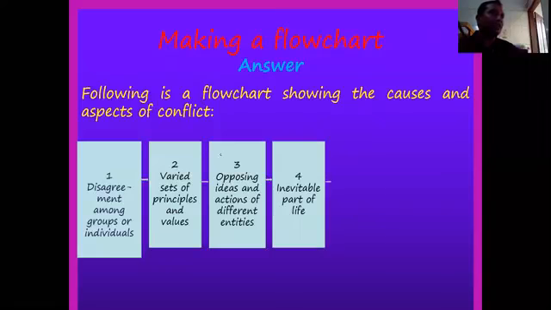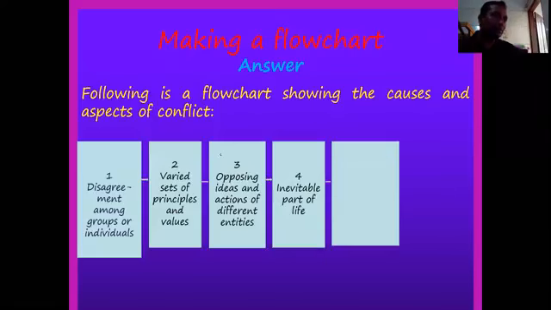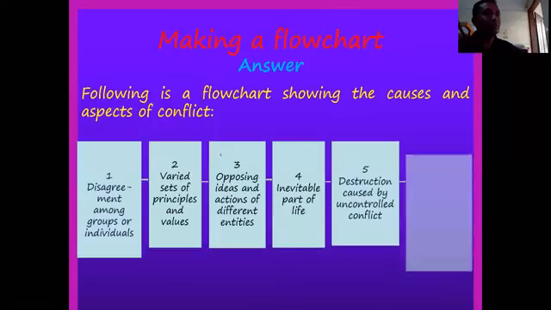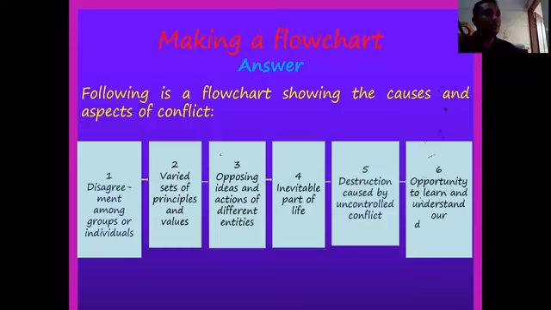Aspects means features, characteristics, in Bengali. All the boxes contain noun phrases.